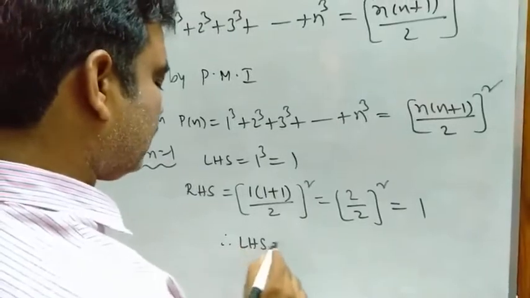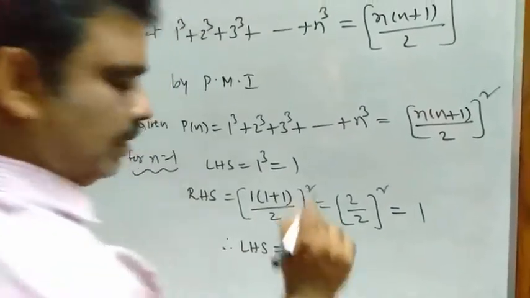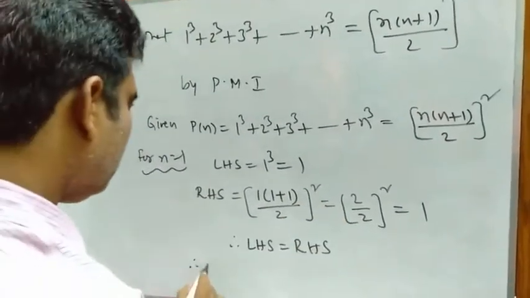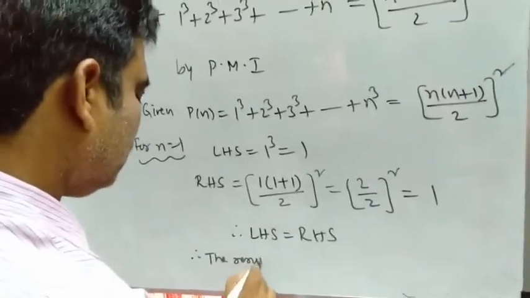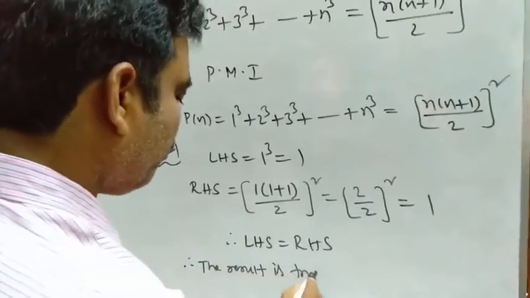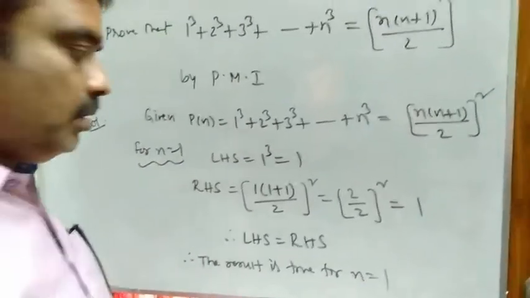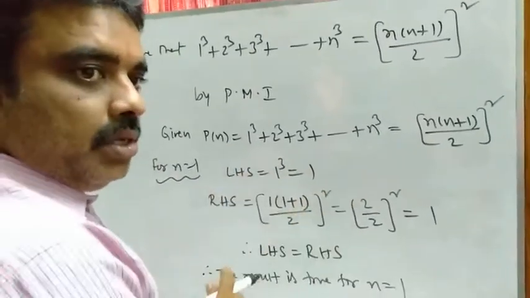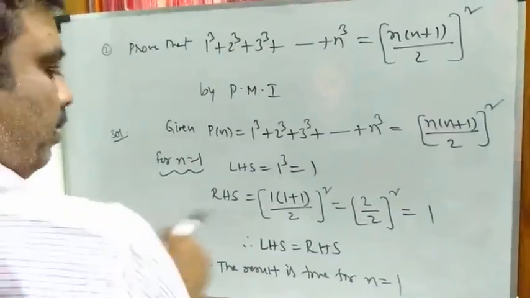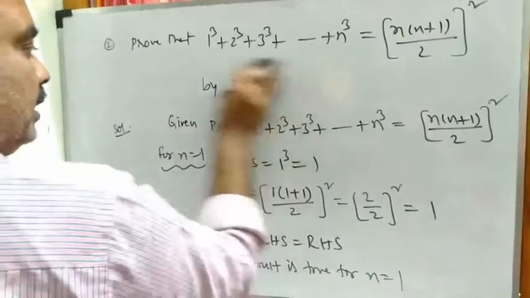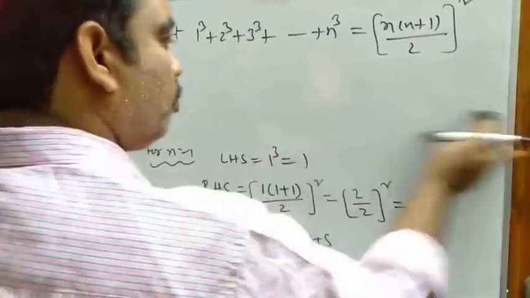Therefore LHS is equal to RHS. That means the result is true for n is equal to 1. Now I am going to check the result for n is equal to 2 terms.